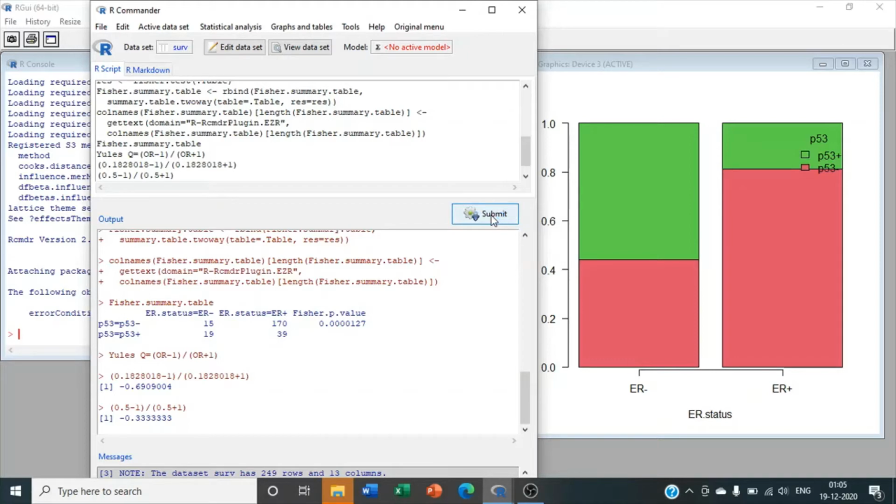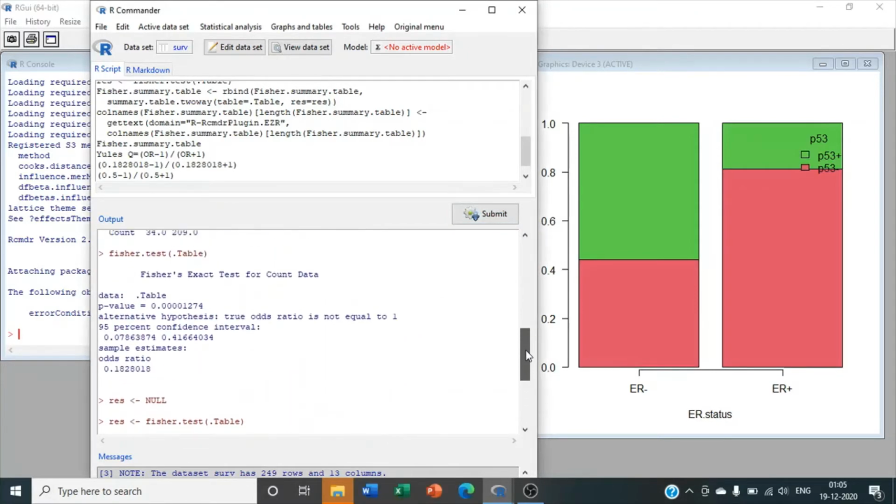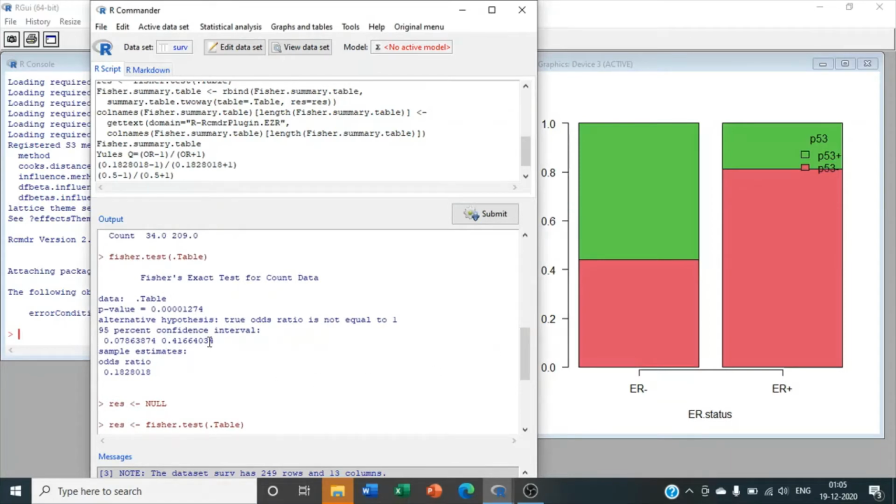We can see over here that both ends of the confidence interval corresponded to a large effect. Even the upper limit of the confidence interval was quite low. That is why we can be confident that there is a strong negative relationship between ER status and P53 mutant status, and that is also statistically significant by Fisher's exact test.